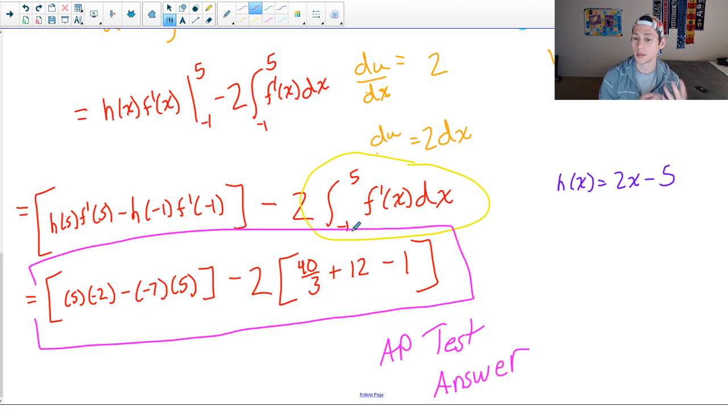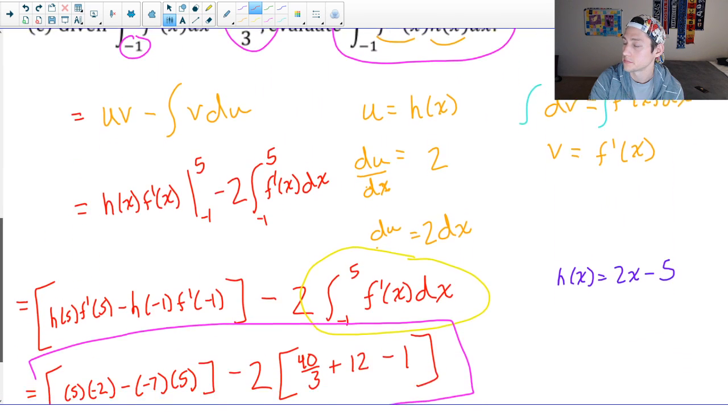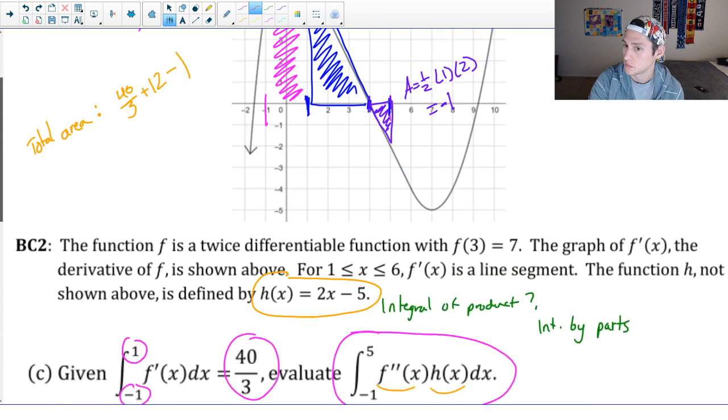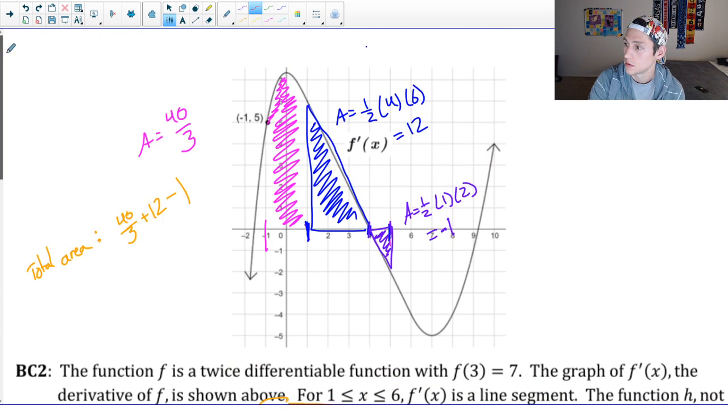But use information that's given to you at the start in combination with, can you calculate an actual area on the graph? Because you might have to do that. Okay. So there's part C.